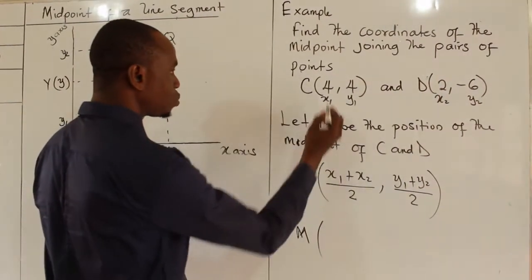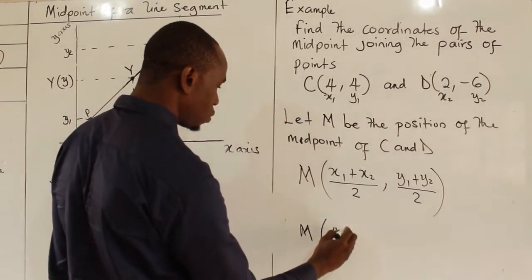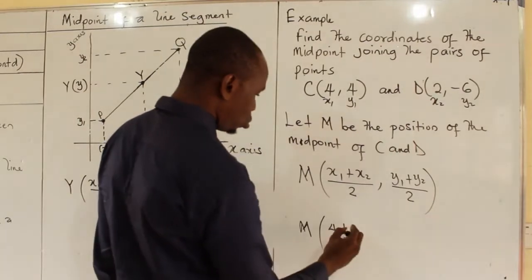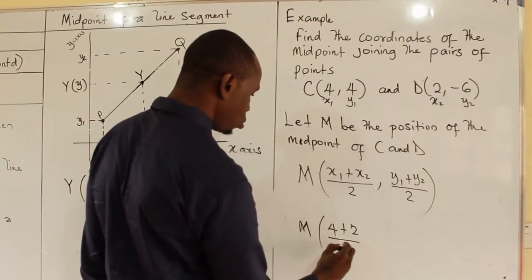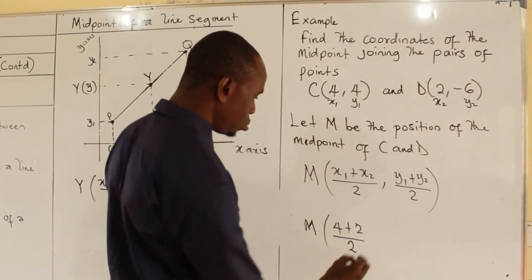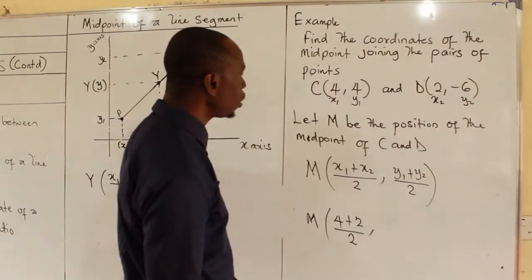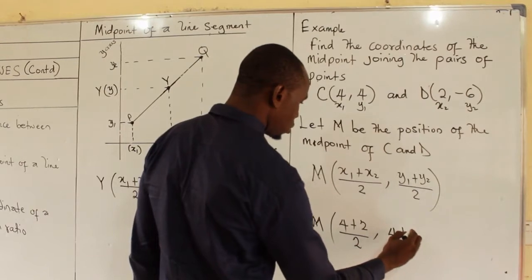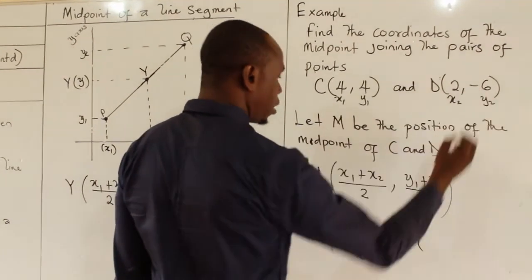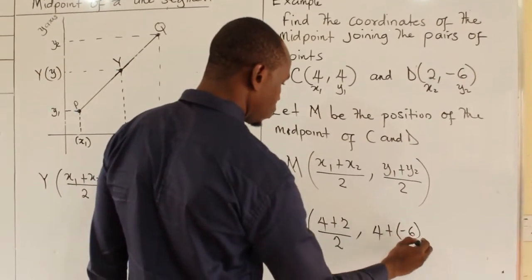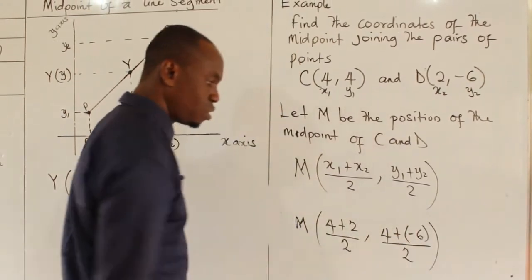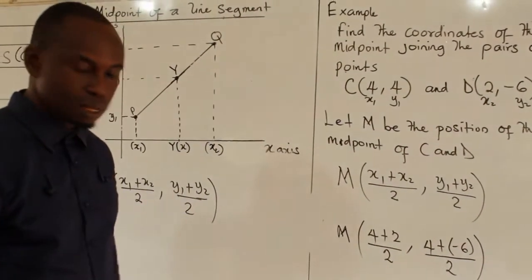So from here, x1 is 4 plus, here x2 is 2. So we have 4 plus 2 all over 2, comma, y1 here again is 4 plus y2 here is a minus 6. So I have to include that in a separate bracket to differentiate the signs.